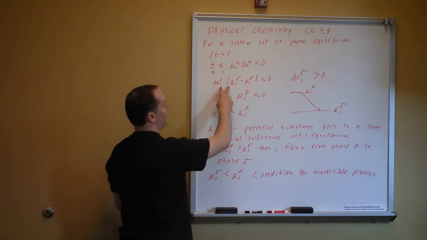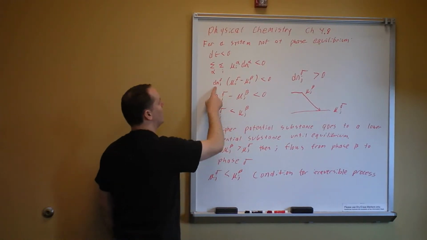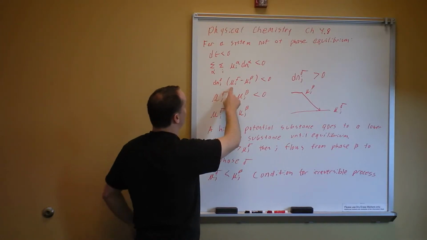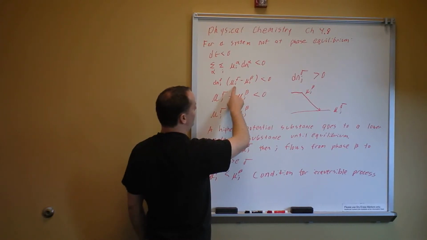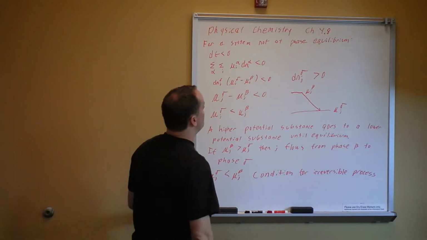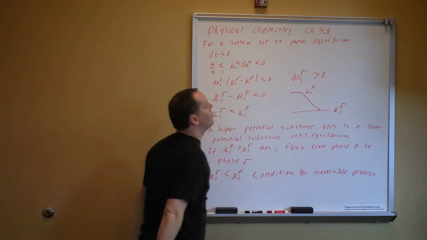Now, factoring that out like we did on the previous slide with two phases, the dn of substance J in phase delta times mu sub J of delta minus mu sub J in beta is going to be less than 0. Now, we're going to say that dnj for delta is greater than 0.